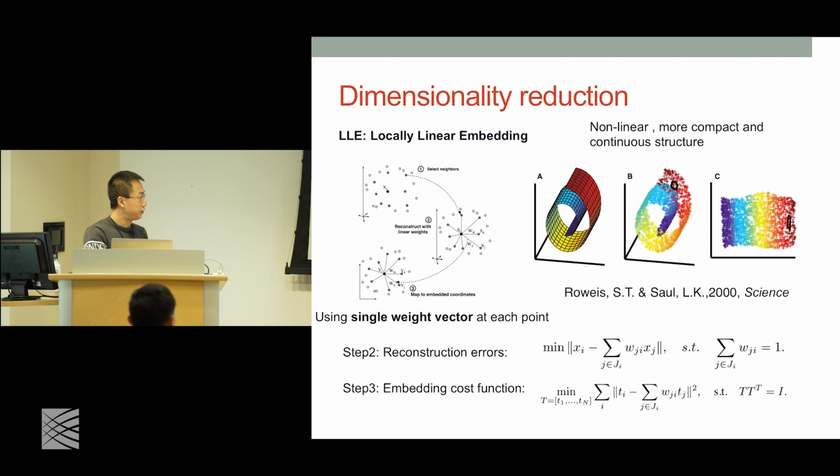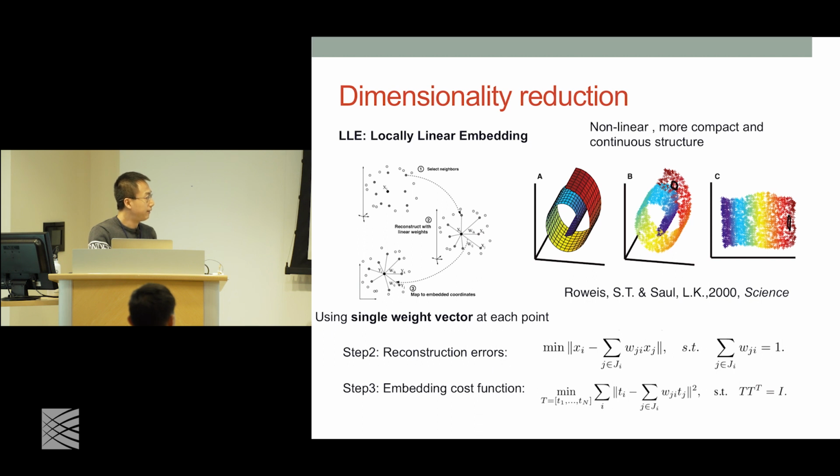And in the third step, with the fixed weight vectors, the low-dimensional embedding vector y is computed by minimizing this cost function. Here, the t is the same as the y.